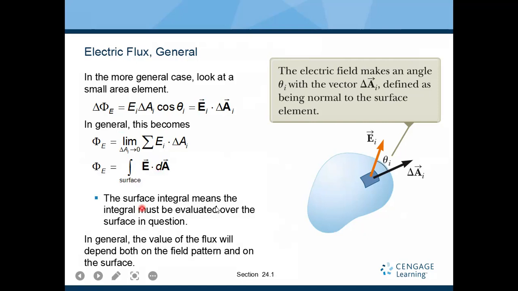The surface integral means the integral must be evaluated over the surface in the equation. So in general, the value of the flux depends both on the electric field and on the surface. The electric field makes an angle theta_i with the vector delta A_i, defined as being normal to the surface element.